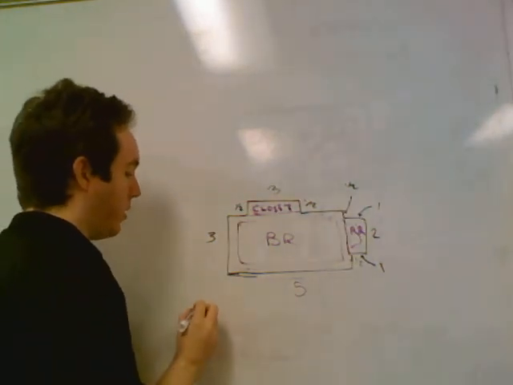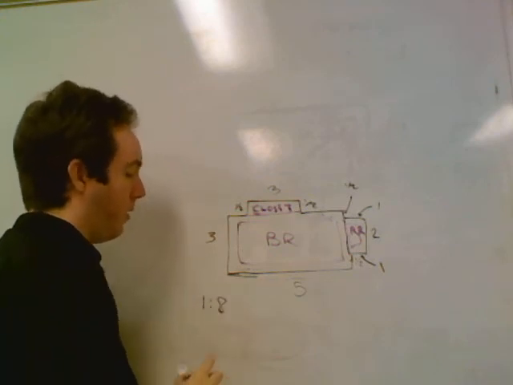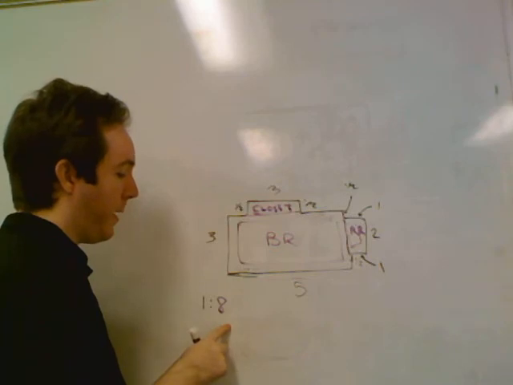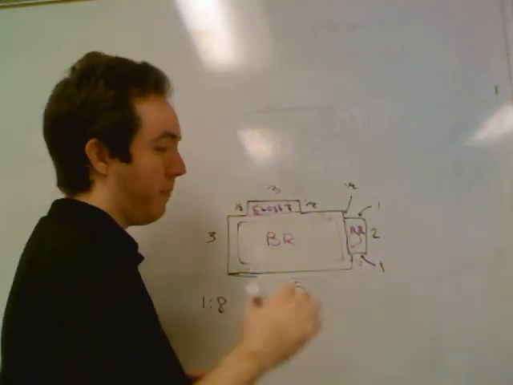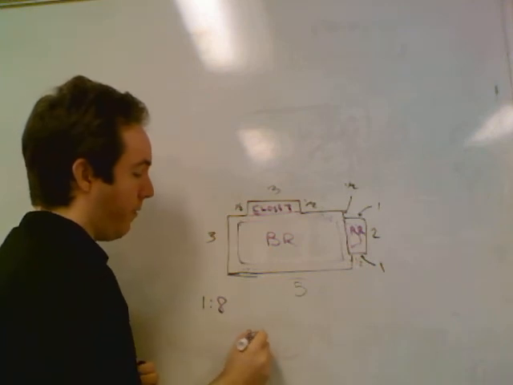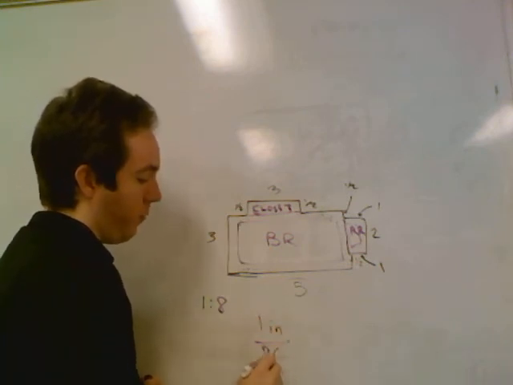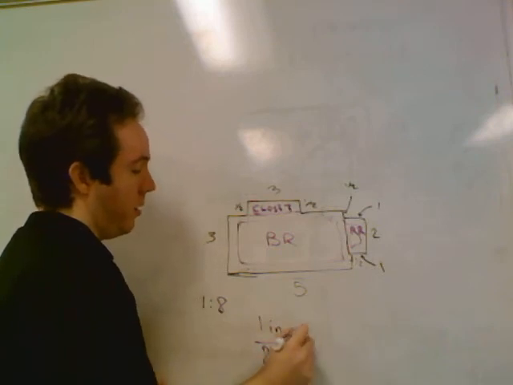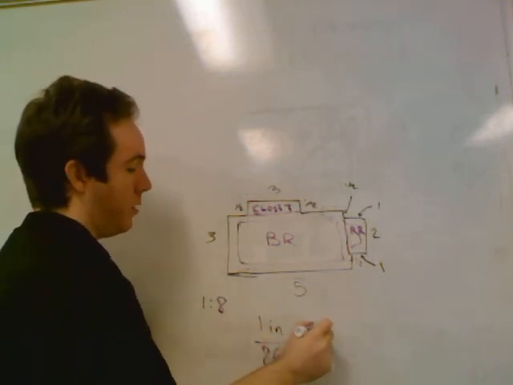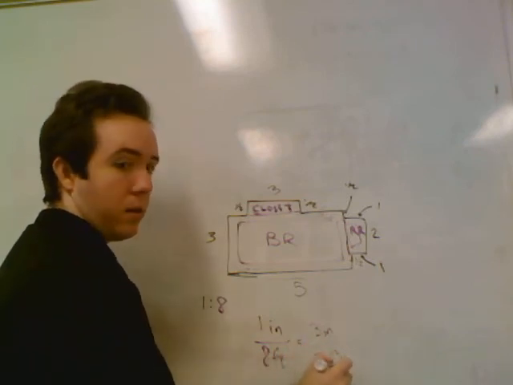Now in the question it says we got 1/8, right? Now earlier I told you just to multiply by 8, but my fraction trick will work here as well. So if every 1 inch is equal to 8 feet, here 3 inches is going to be how many feet?